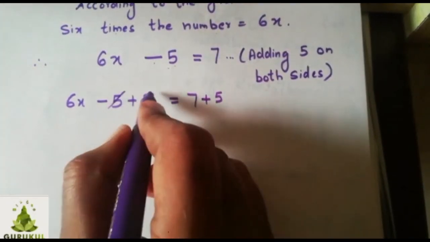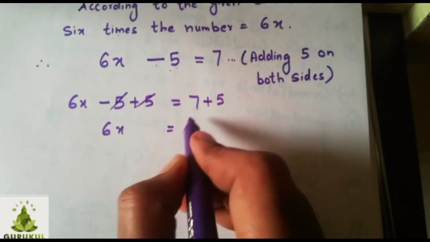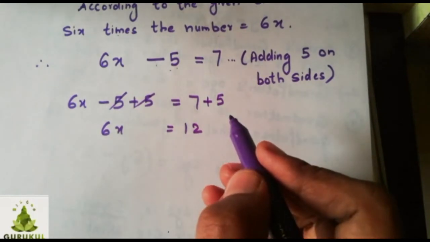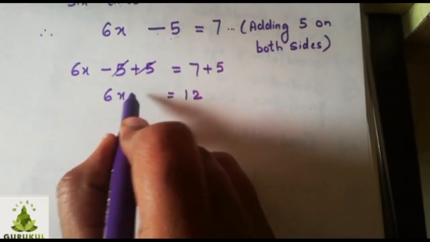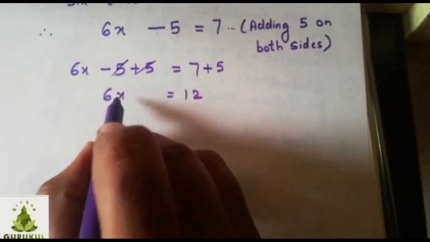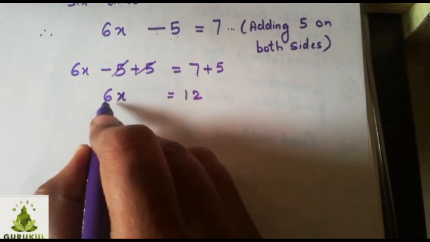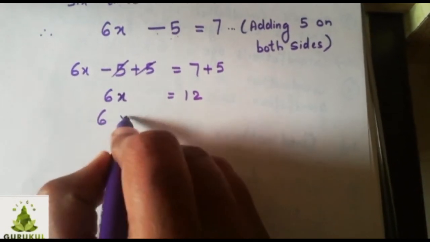Now, see this gets cancelled, 0. 6x is equal to how much? You see, 7 plus 5 is 12. Now once you got this, what is the next step? Now minus 5 got eliminated from here. Now I don't want 6 with x; 6 is in 6 into x.